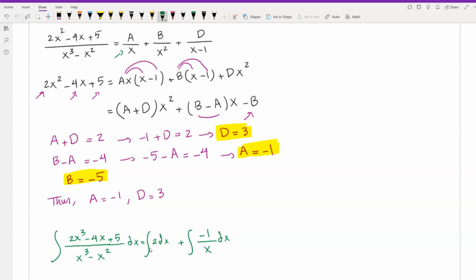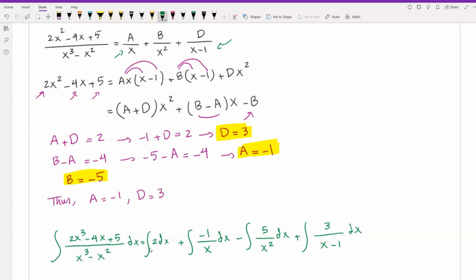Then b is negative 5, so negative integral of 5 over x squared dx, plus the integral where d is 3, divided by x minus 1, times dx.